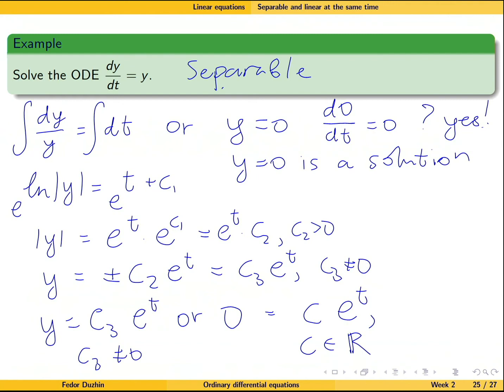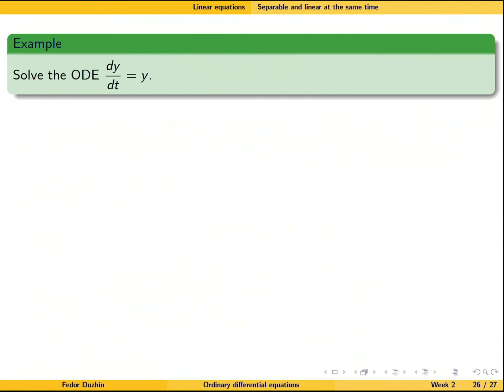So let us now see if we can get the same answer by doing it as a linear equation. Because at the same time, we can rewrite it as y prime minus y is 0.